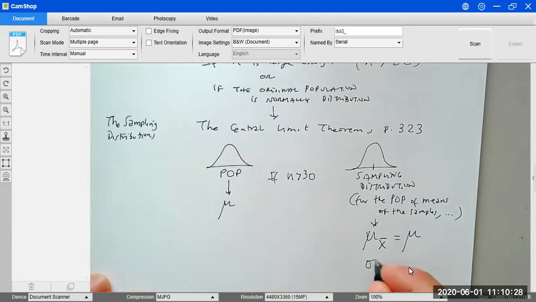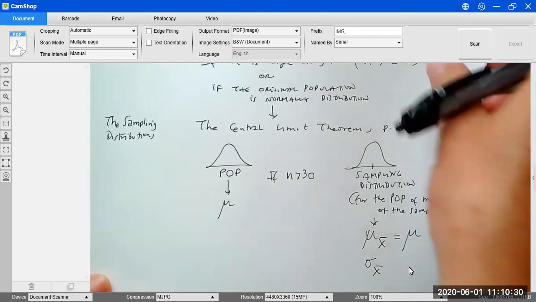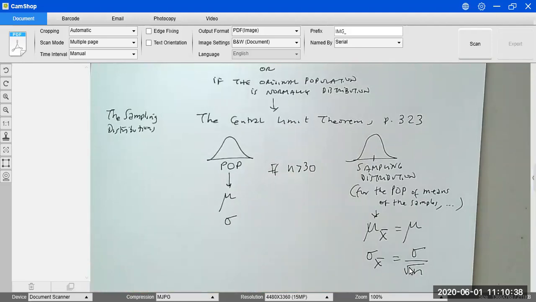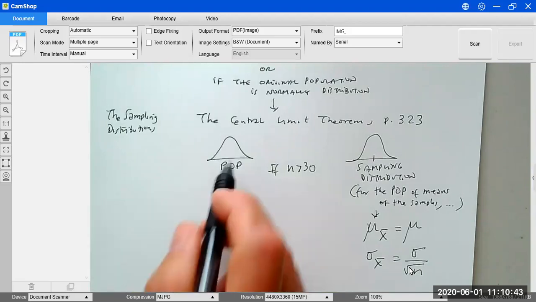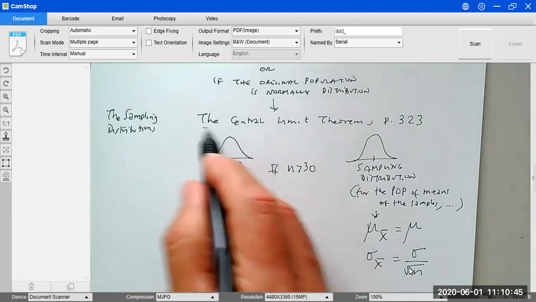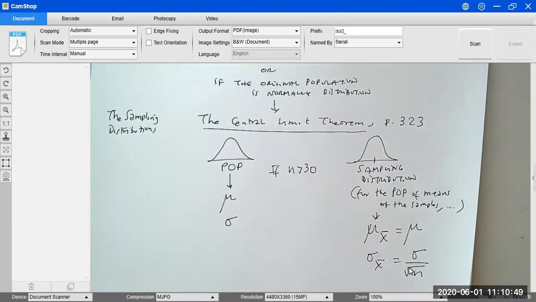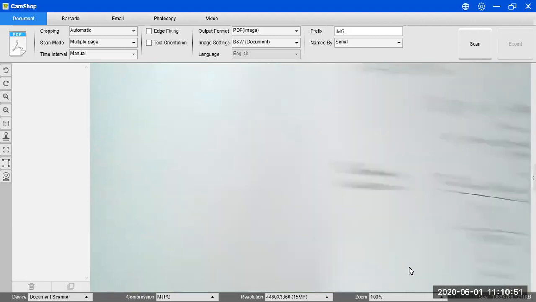And the standard deviation of this distribution of means is going to be just the standard deviation over the square root of n, when you know the standard deviation of the original population. So this is the central limit theorem in a diagram.